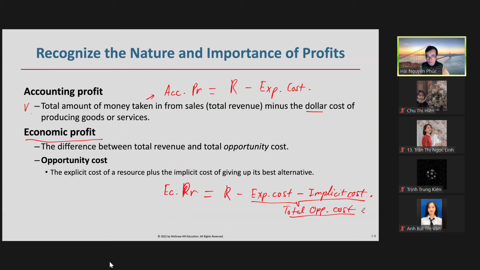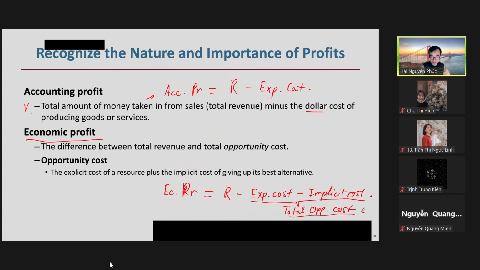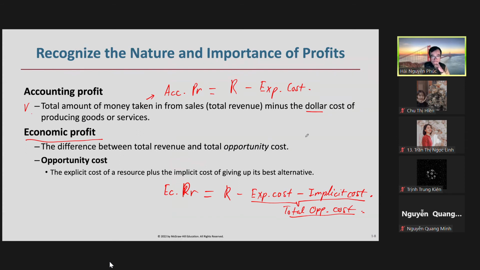Can you give me some example? No? So let me give you the example. Maybe it is quite hard for you to give a concrete example.